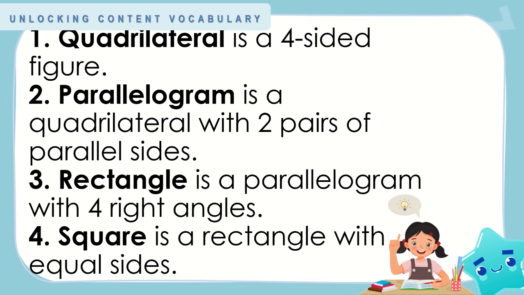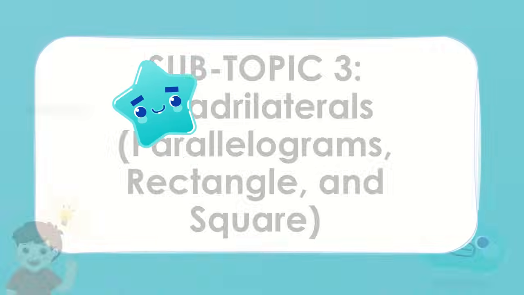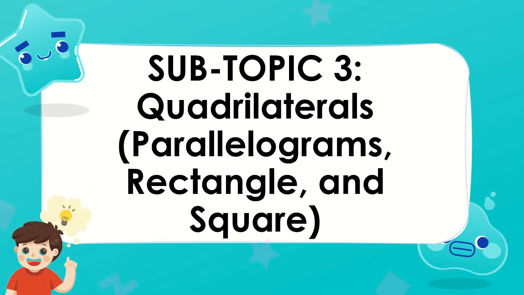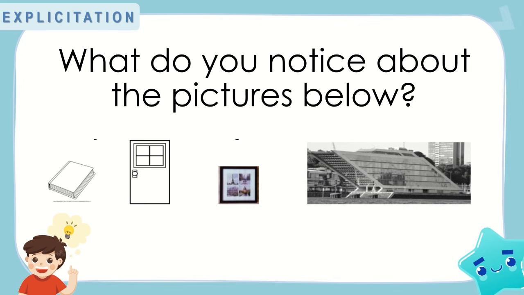Parallelogram is a quadrilateral with 2 pairs of parallel sides. Rectangle is a parallelogram with 4 right angles. Square is a rectangle with equal sides. For subtopic 3, quadrilaterals, parallelograms, rectangle, and square. What do you notice about the pictures below?